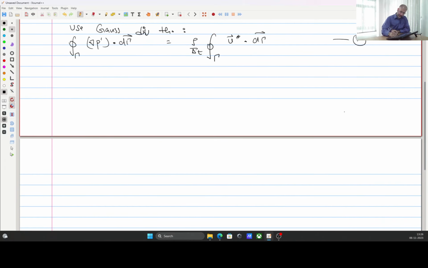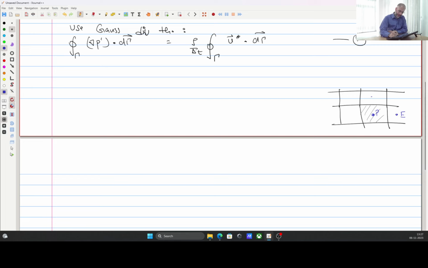So let's make a sketch. This is our control volume under consideration. We have point P at the center.